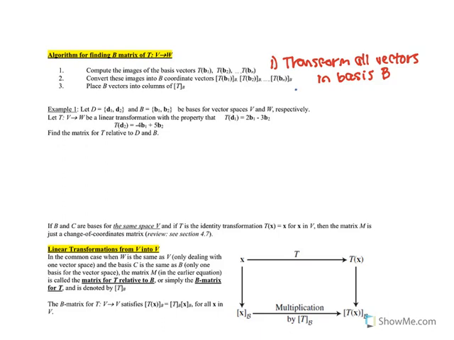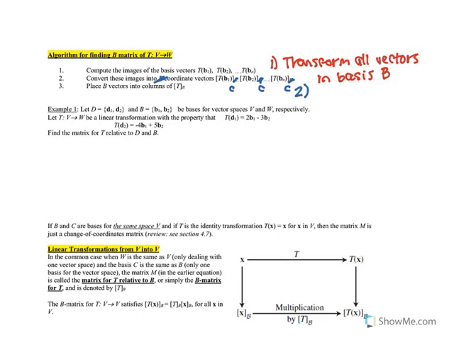Then 2, I don't want to describe them in B coordinate vectors because I want to transform them and then change them into C. So transform them into C coordinate vectors. So this should all say C. Sorry, friends, that was what was messed up.